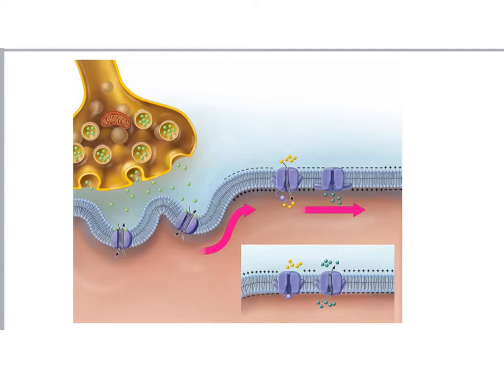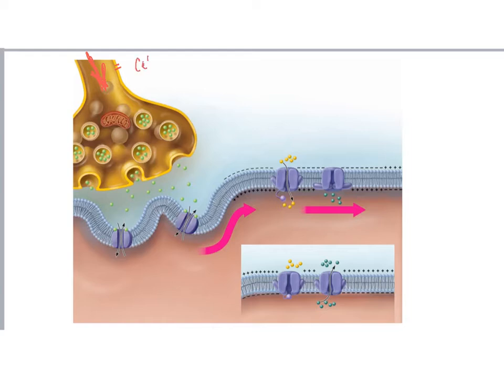Remember, as that impulse, that nerve signal, is coming down the axon, it's going to make the membrane of this neuron more permeable to calcium.